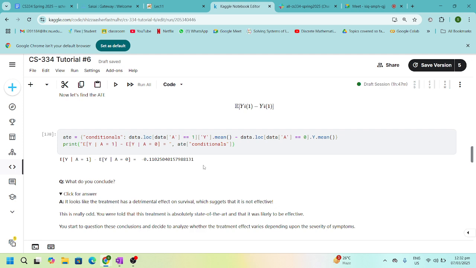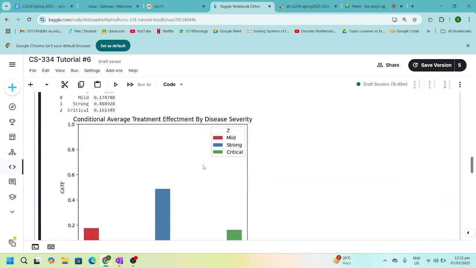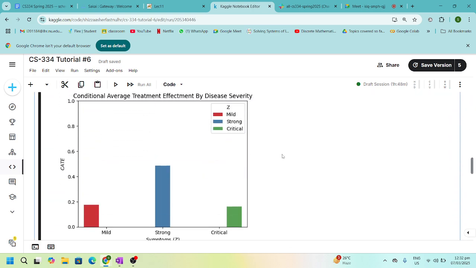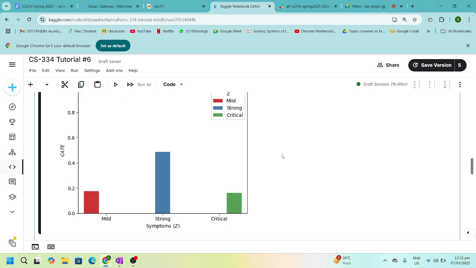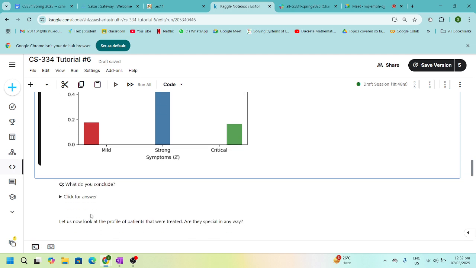We found the estimated average treatment effect to be negative. So, overall, we found that the treatment has a bad effect on the outcome. Across each individual category, we see that the treatment has a positive effect on the outcome. That's our first observation. The second observation is that for people with stronger symptoms, as opposed to mild or critical symptoms, the treatment has been most effective.